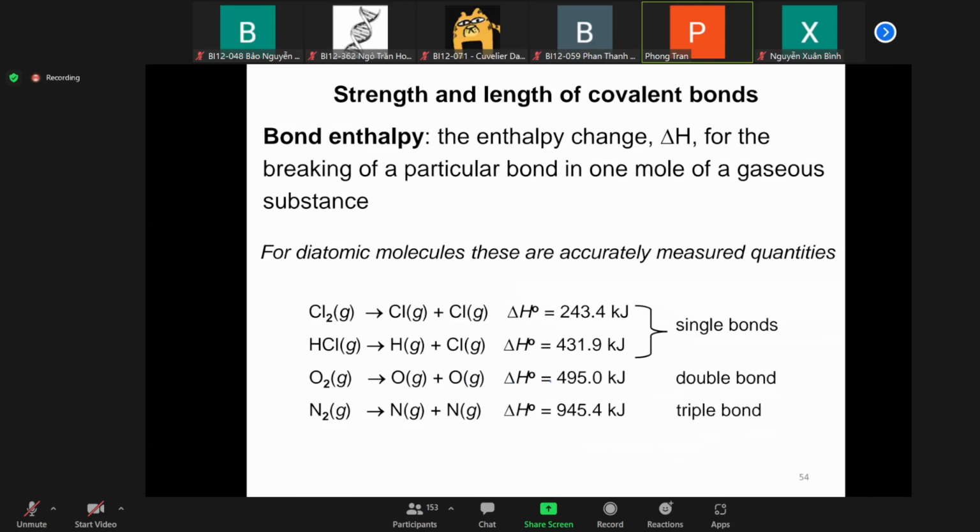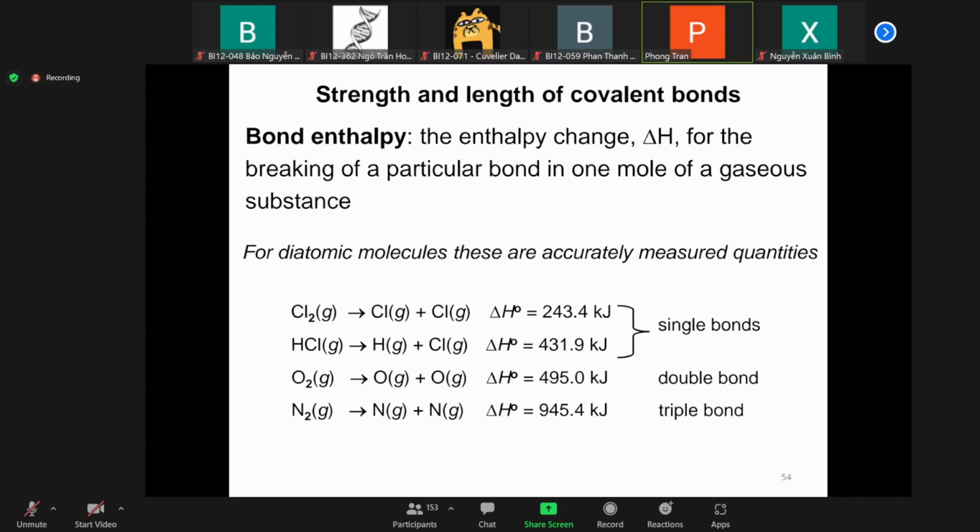Okay, now we talk about the strength and length of the covalent bond. We talked already about polarity. So now, to describe the strength of the covalent bond, we talk about the bond enthalpy: the enthalpy change for the breaking of a particular bond in 1 mole of a gaseous substance.